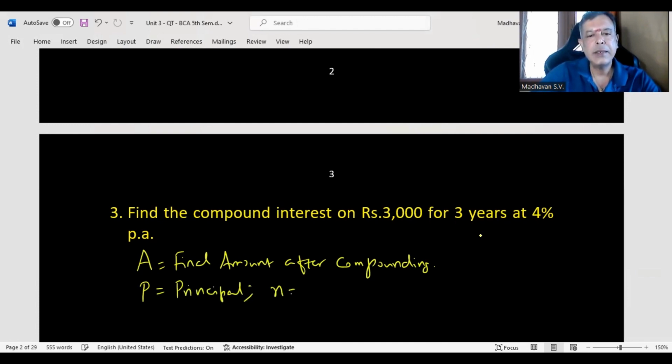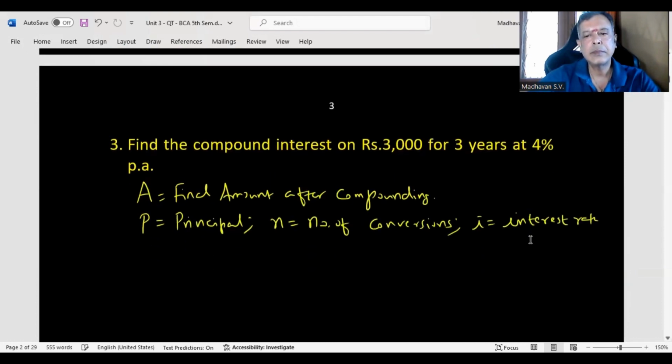Then N is number of conversions. And I is interest rate in decimal for the given conversion period.